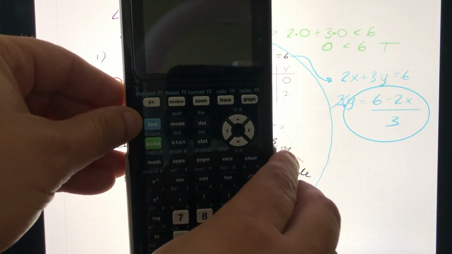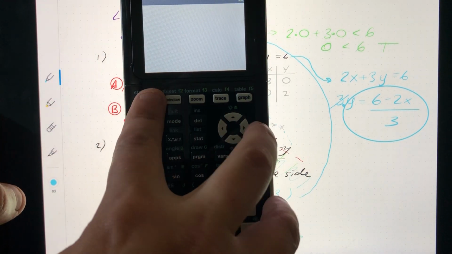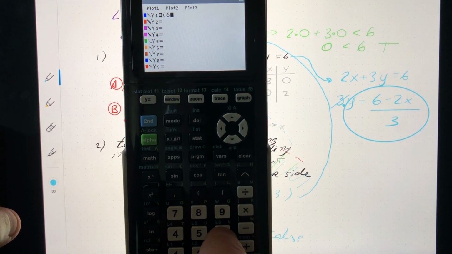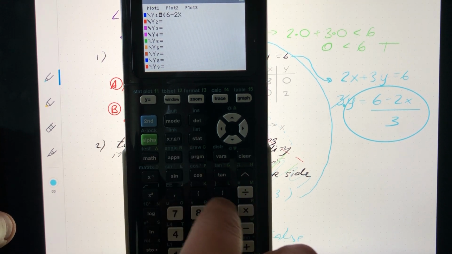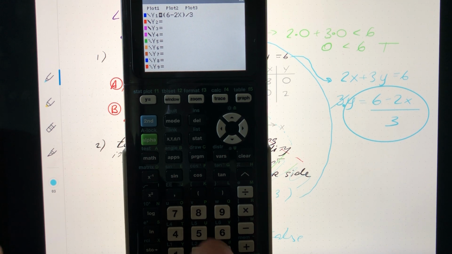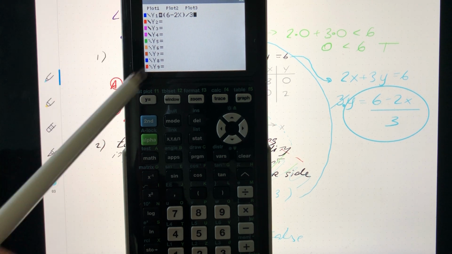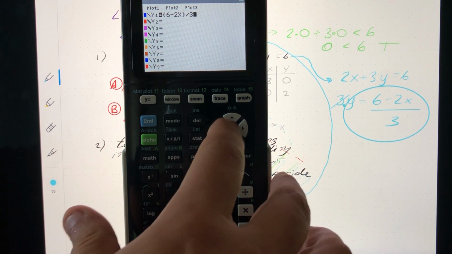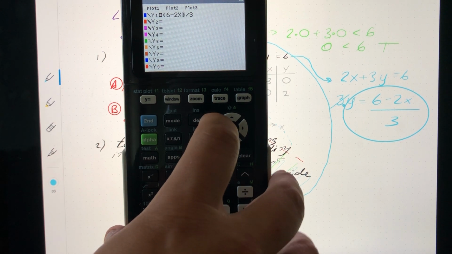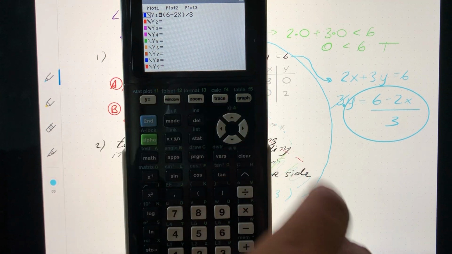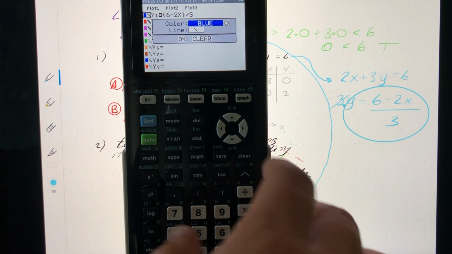Let us type it in and have a look. So here is y. Now we need all of the top to be divided by 3, so it goes in parentheses: 6 minus 2x, divided by 3. Now on the left side of the equal sign, we have these lines, and we can choose them to be, instead of equal, an inequality. So if we use the arrows and scoot over to the very end and hit enter, now we have a choice.